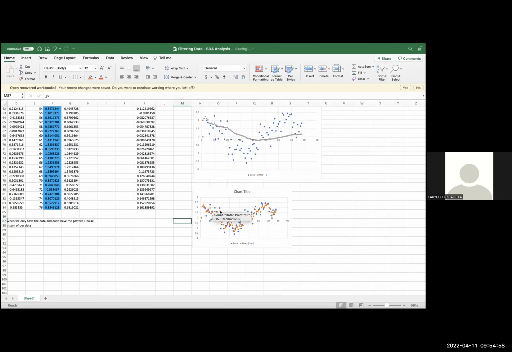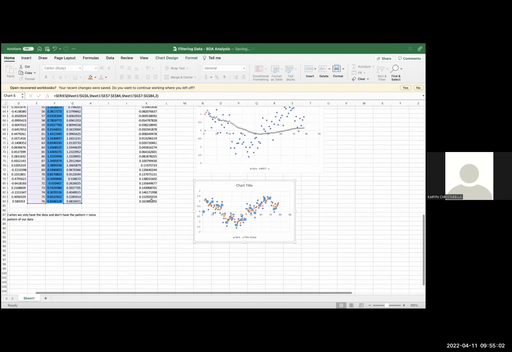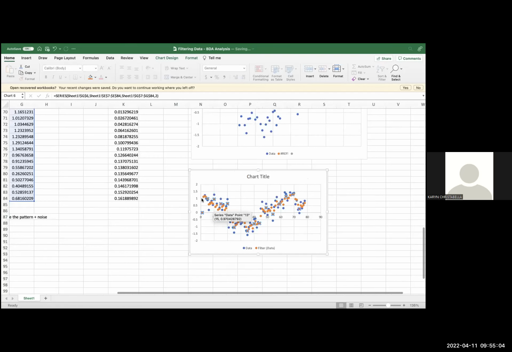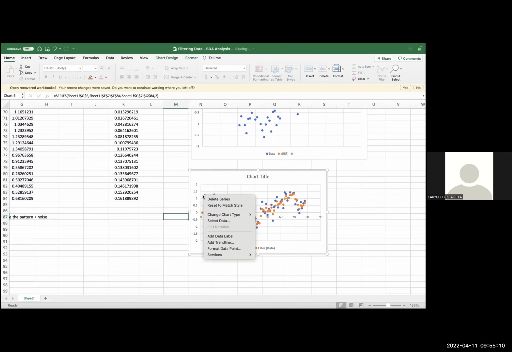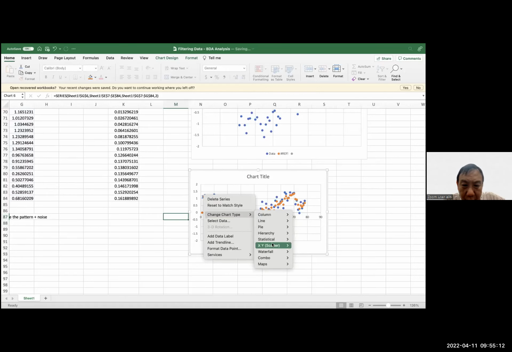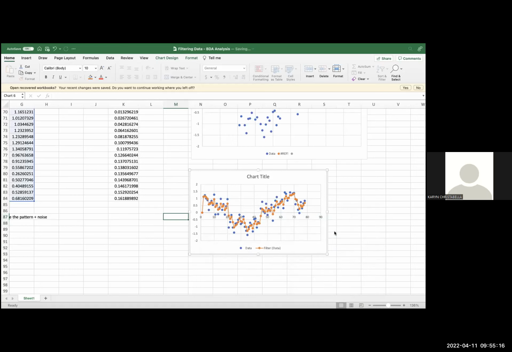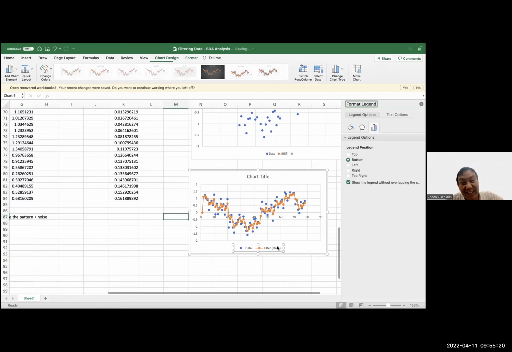Oh, the filter. The EMA is the orange one. That one you can change chart type to XY and line. Oh, nice. Just change the chart type.